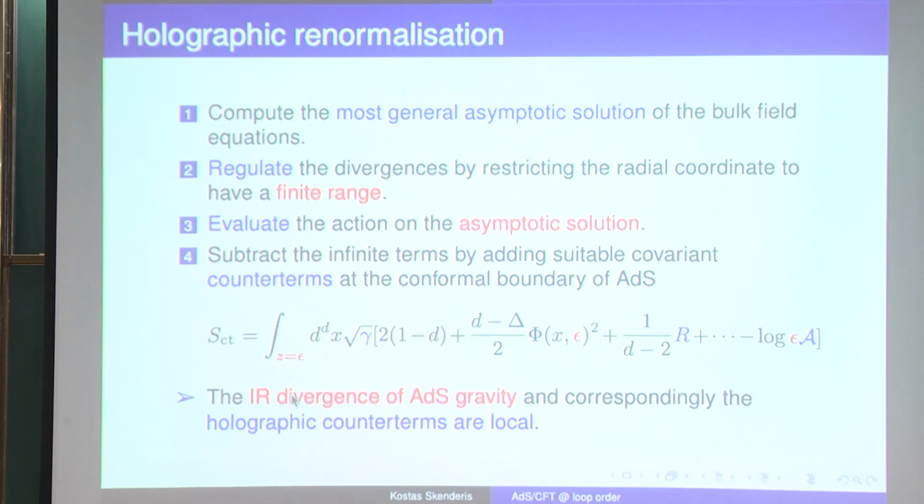If the mass is below the BF bound, then these general solutions develop an unwanted behavior. Suddenly the action would start to become complex because you have oscillating solutions. And you can derive that you need the BF bound. So in this case, it is not an input, it's an output of the process.